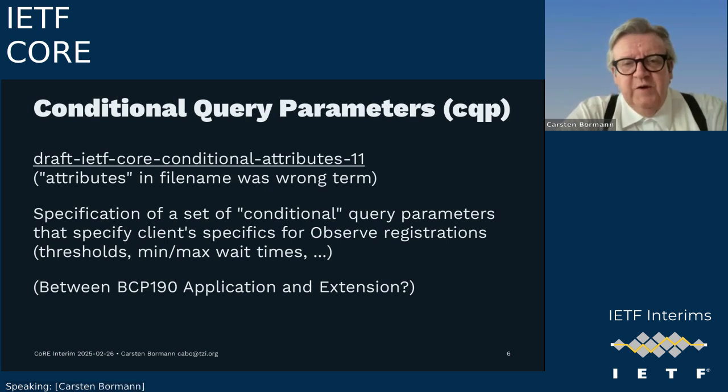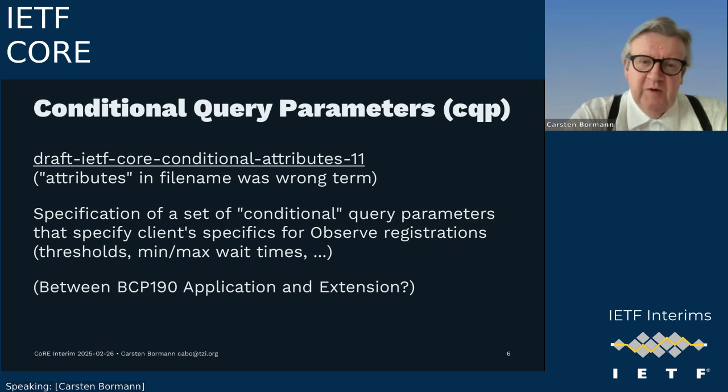Now, this could have been using CoAP options, but the assumption is that many of these specifics actually fit very well into a URI. So we want to put these conditional query parameters into a URI, and that makes them natural candidates to be query parameters. But this specification is kind of between an application and an extension.